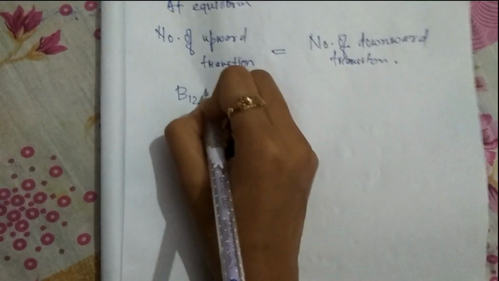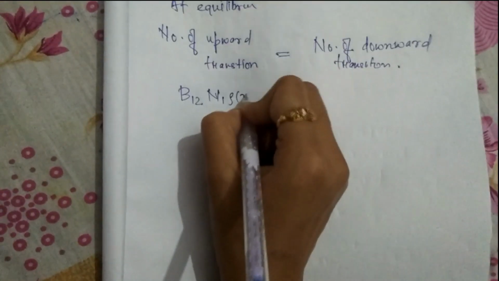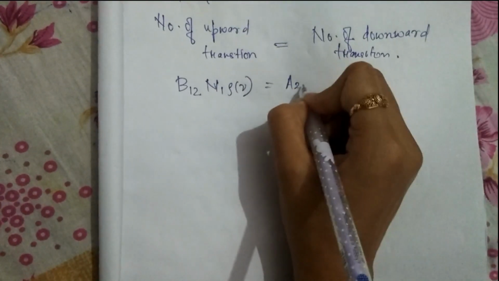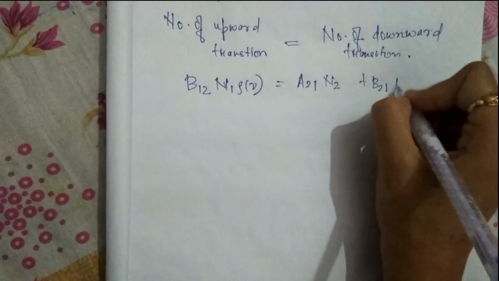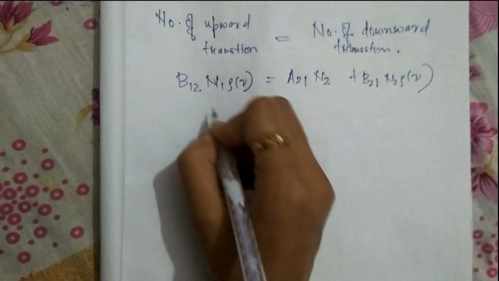So B12 N1 rho nu equals A21 N2 plus B21 N2 rho nu.